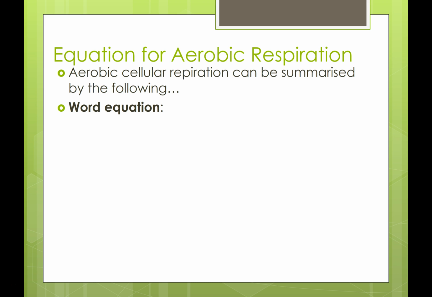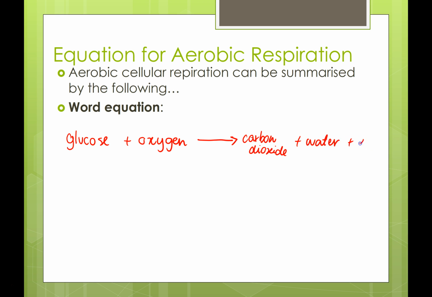So what's the equation for aerobic respiration? Aerobic cellular respiration can be summarized by, hopefully you know, the word equation: glucose, and if we're aerobic, we're going to have oxygen, right? And that glucose and oxygen in the mitochondria will become carbon dioxide and water and energy.